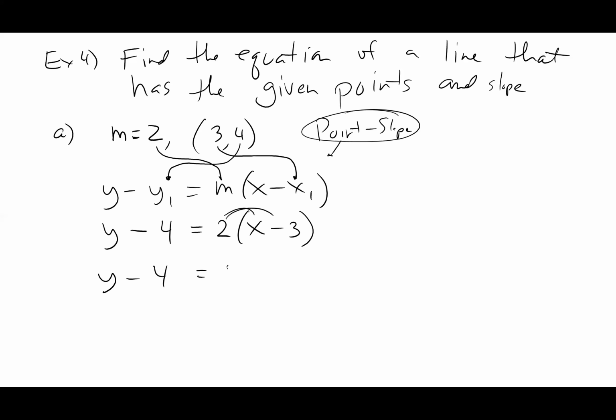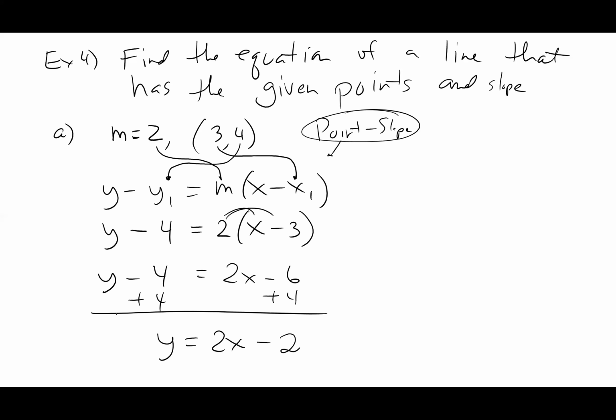I'm going to distribute this out to 2x minus 6, looks like. I add 4 to both sides. And I got myself an equation of a line right there. Perfecto. Okay, that's the easy one. That's one type of problem like this.